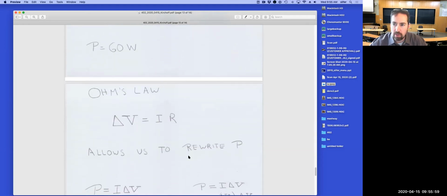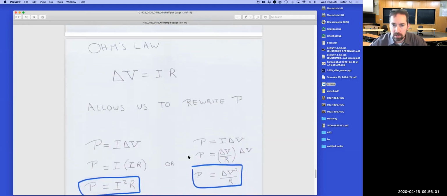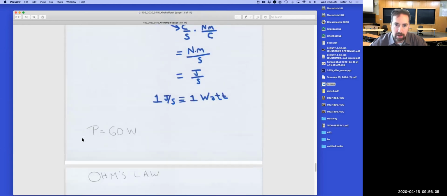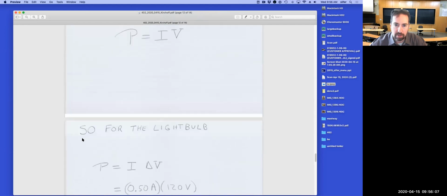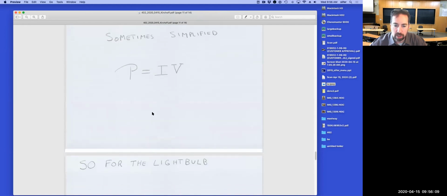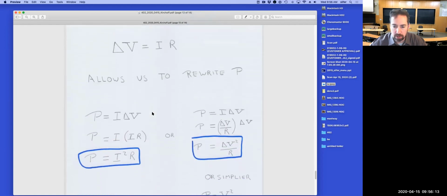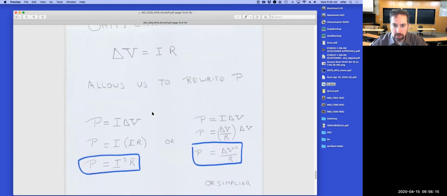Last thing that I want to introduce to you guys, because it probably will be useful for your homework, is if I have this P equals IV or P equals I delta V, I can rewrite this in a couple different ways. Because of Ohm's law, delta V equals IR, I can use that to change the equation.